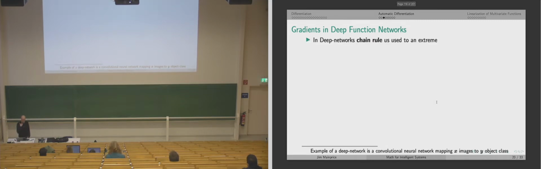But before we see that, I just wanted to say a few things. So yeah, the example of a deep network, of course, is a convolutional neural network that is mapping images, which are maybe, as we saw, matrices are also vector spaces, so we can just reshape matrices such that they are vectors. So let's call these image vectors to the vector class Y, okay?